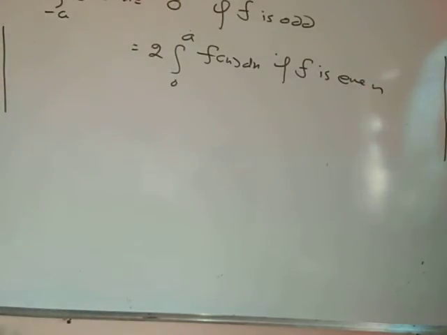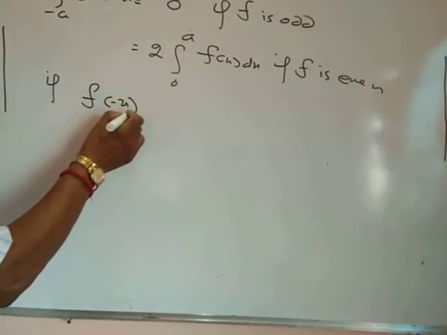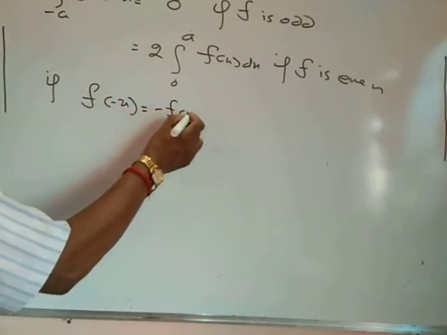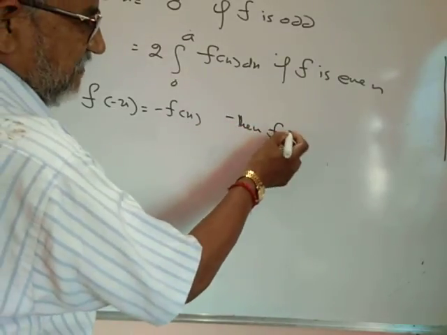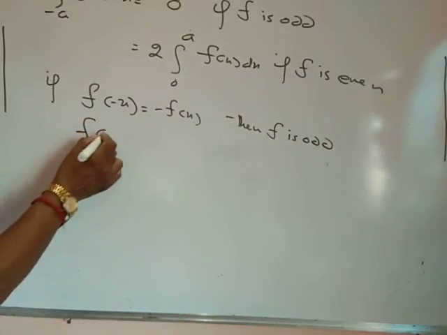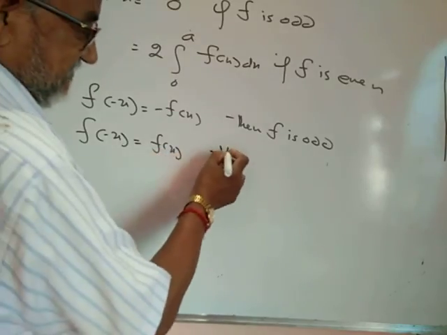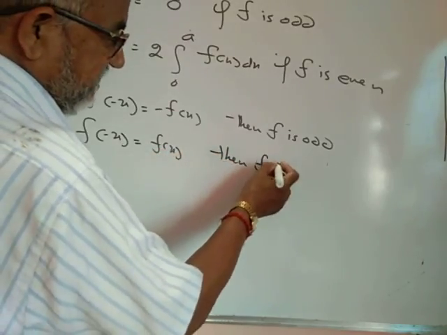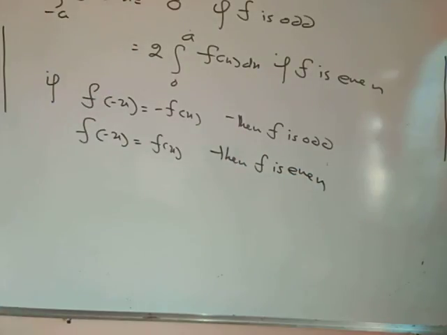Now you know that if f(minus x) is equal to minus f(x), then f is odd. If f(minus x) is equal to f(x), then f is even. So tomorrow we'll see some more lectures on this.